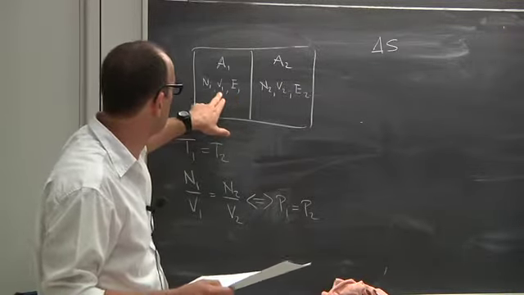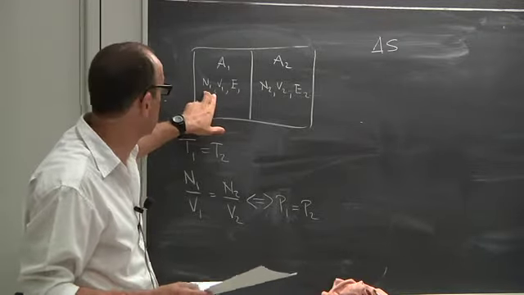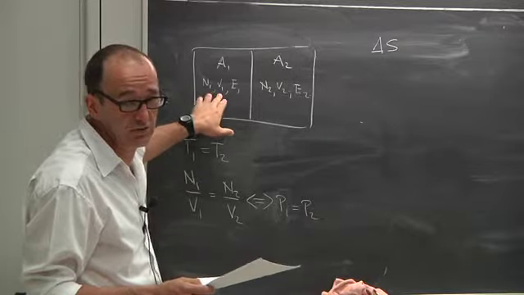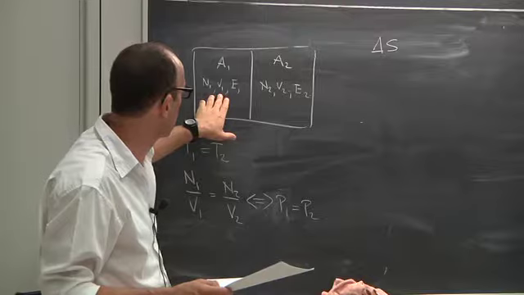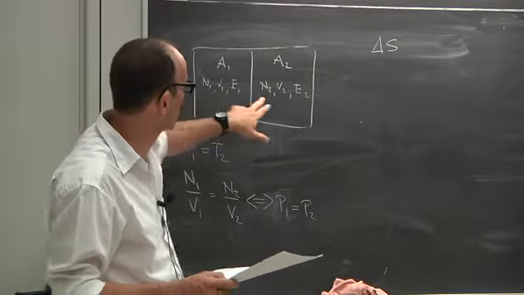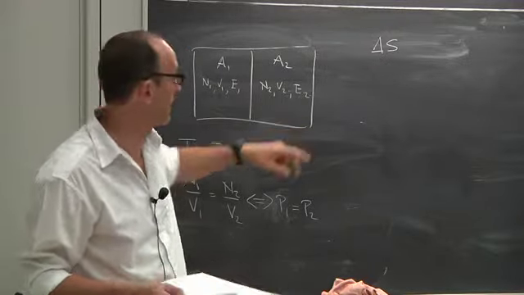The number of particles of the two systems is not going to change either. So what is really going to change is the volume. Each of the two systems is going from a situation where it occupies volume V1 to a situation where it occupies volume V1 plus V2.